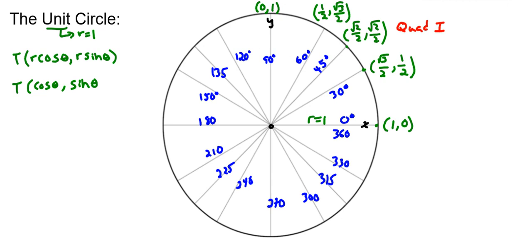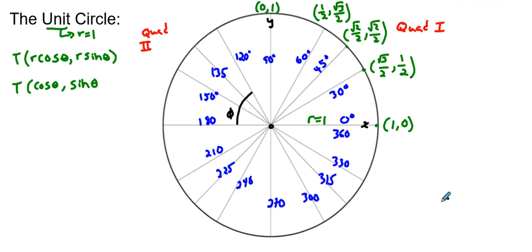So for example, here at 120, I have a reference angle of phi, and it's a reference angle of 60, which means the size of the cosine and sine of 120 are the same, 1/2 and √3/2. What's different is because we're in quadrant 2 now, we have a different part of the CAST rule.